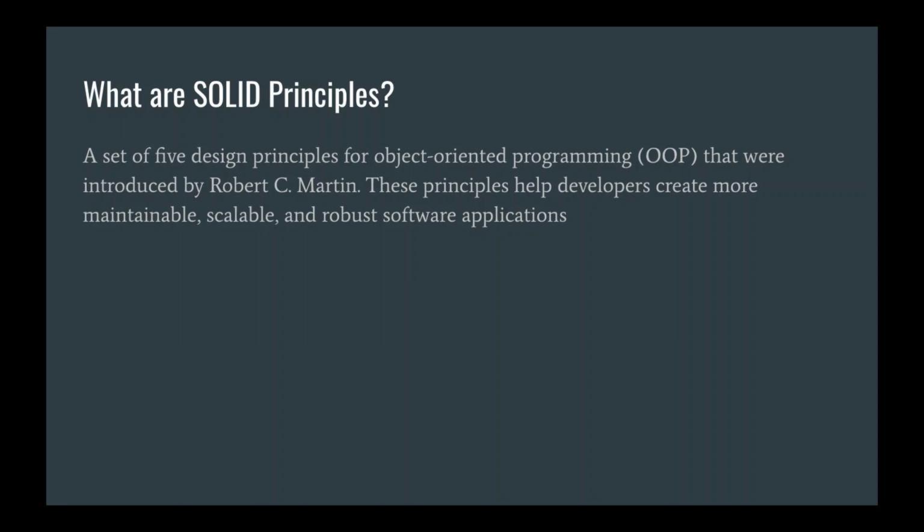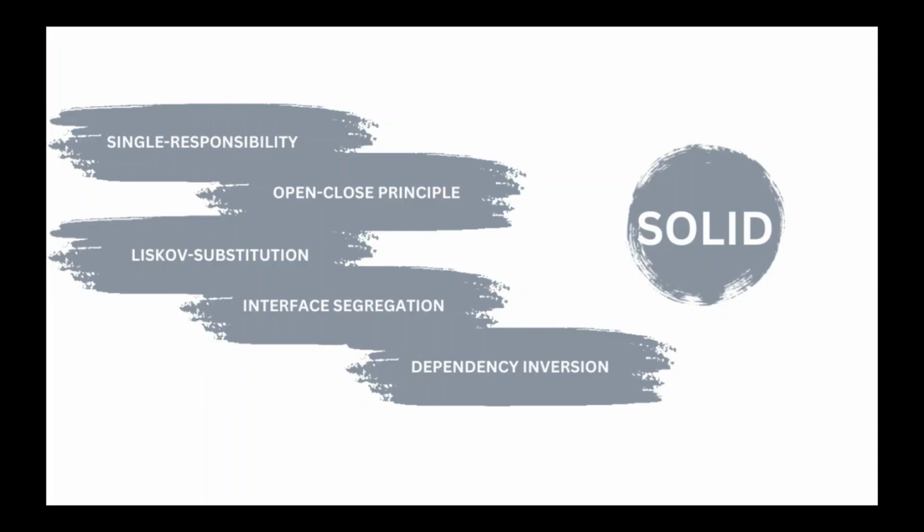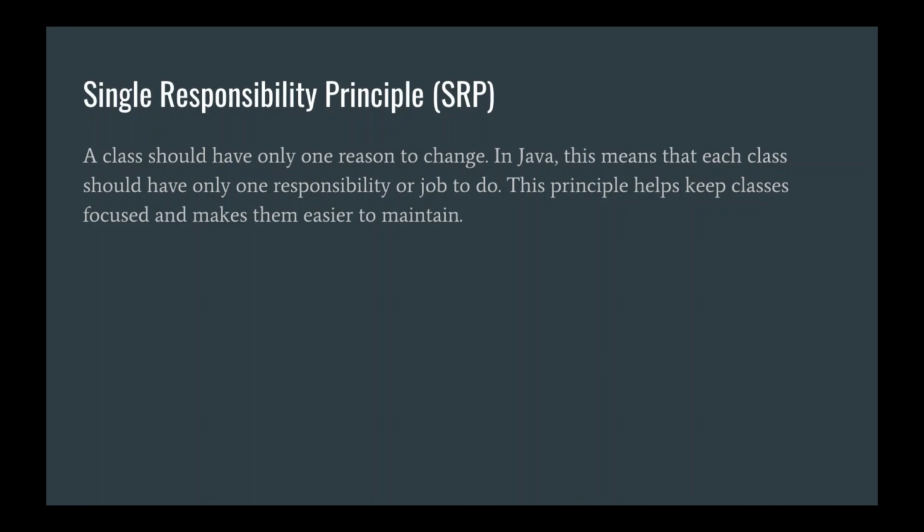So as we've discussed what SOLID stands for, let's start with the first one, the Single Responsibility Principle. What it says is a class should have only one reason to change or only one reason to exist. So in Java, this means each class should have only one responsibility or a job that it's supposed to accomplish.